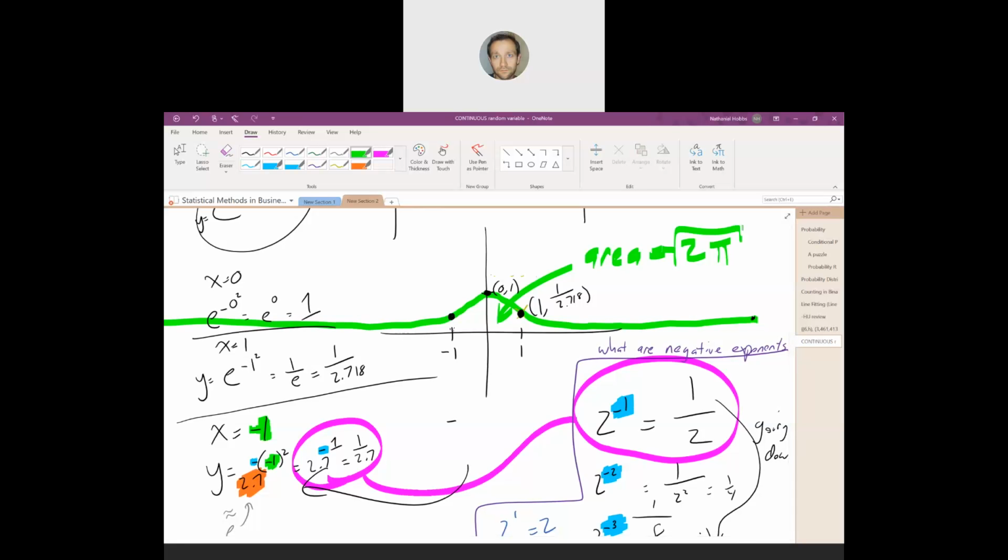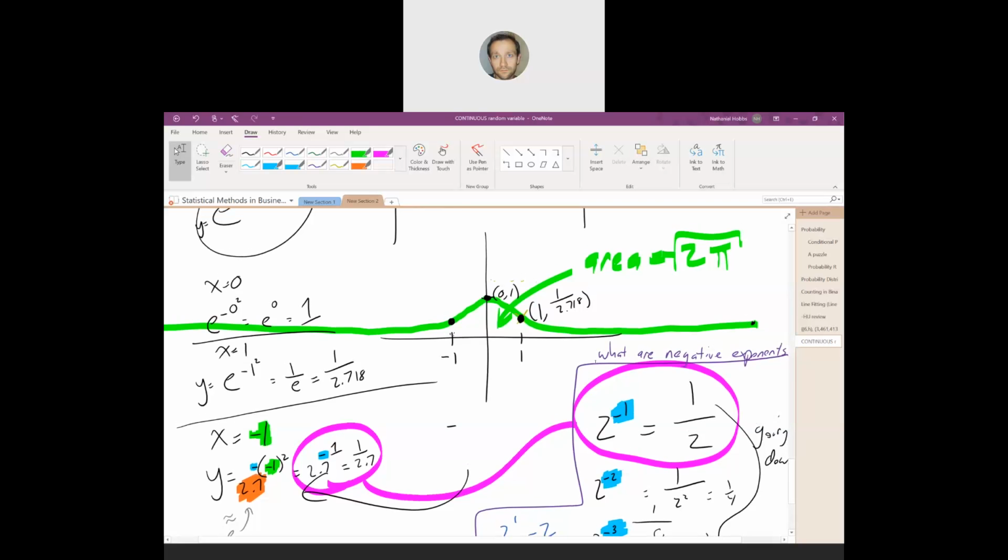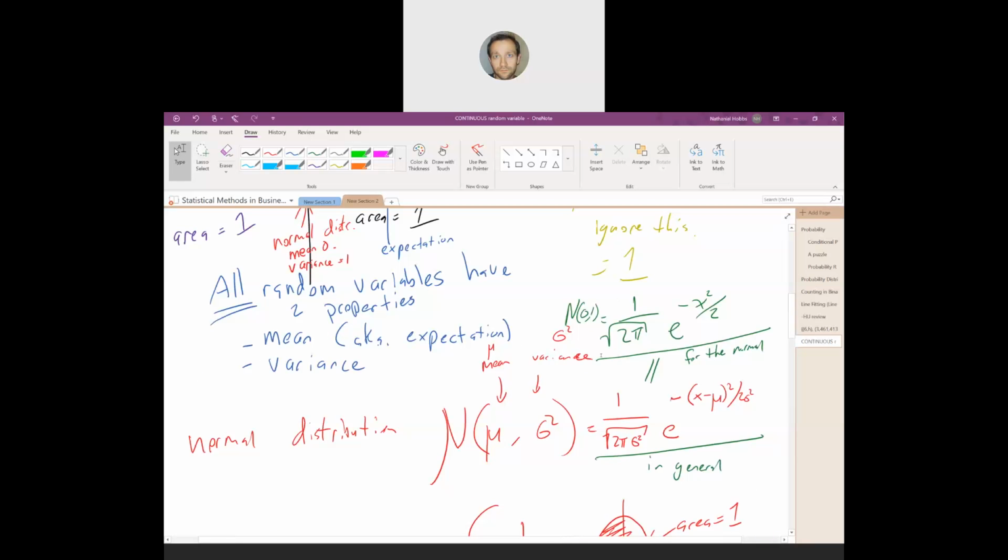So how do we get the square root of 2 pi to equal 1? Divide by the square root of 2 pi. Bam! If you calculate the area under this curve, it's going to be the square root of 2 pi.